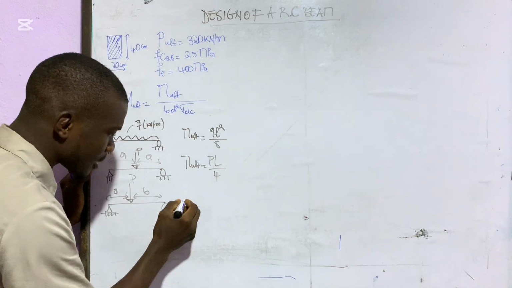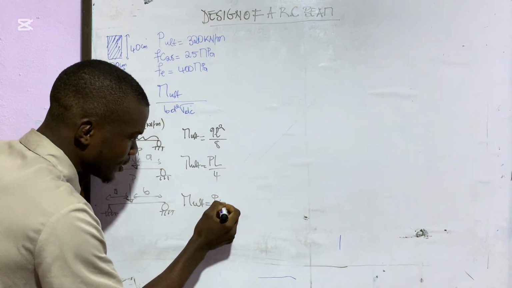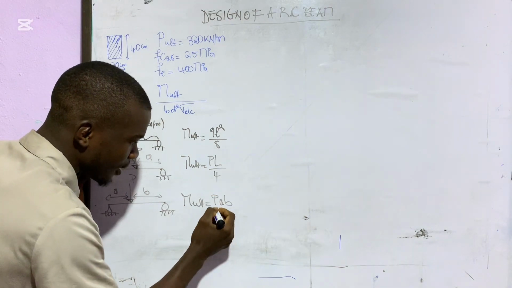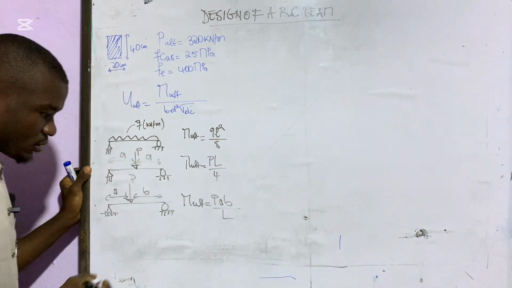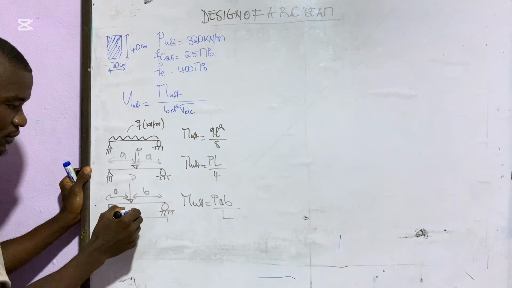So you will simply say that the maximum bending moment M ultimate is equal to P A B all over L. Okay, L given here being the span of your beam.